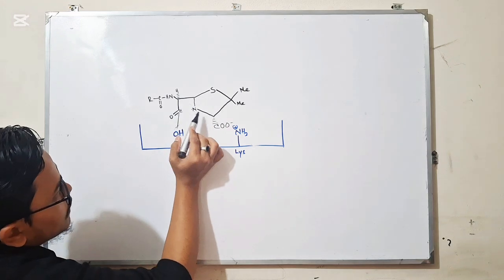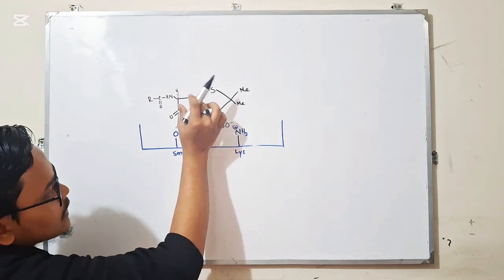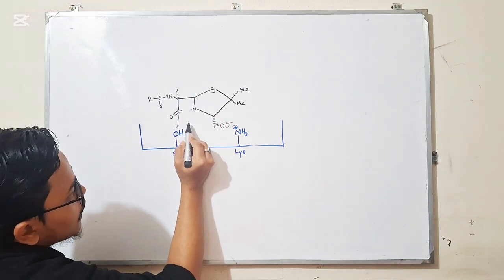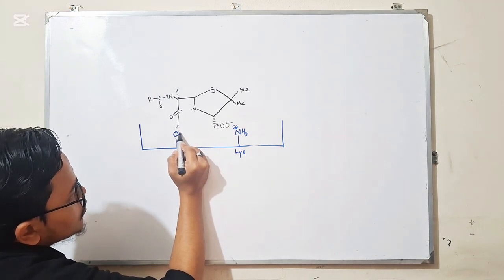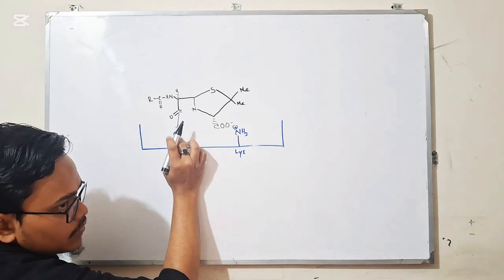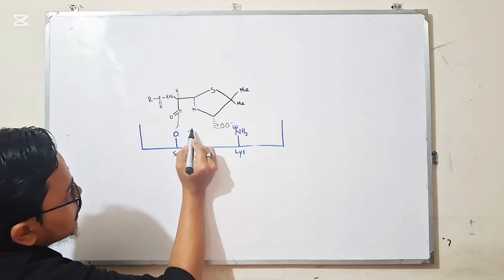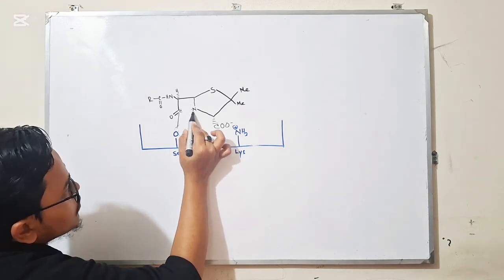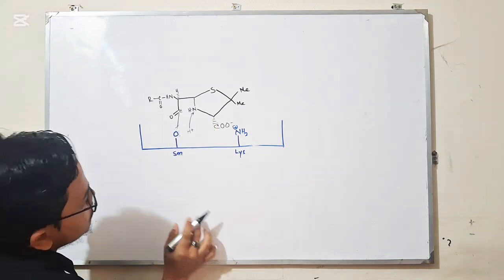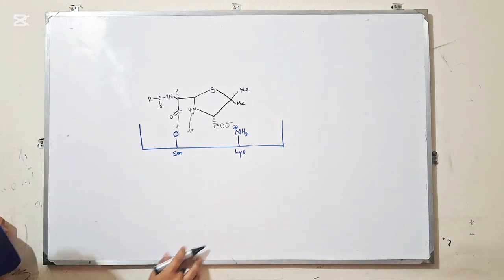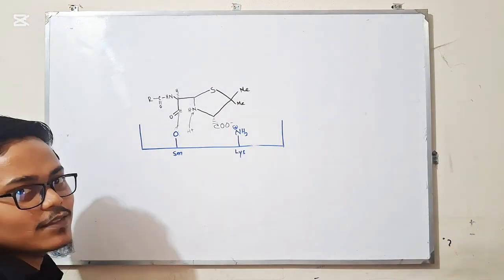Okay, and this nitrogen takes its electron, and this oxygen will become plus charged, so it will remove its H plus, and this H plus will be accepted by this nitrogen and it will be formed like this. Okay, so I hope all of you understand how it happens.